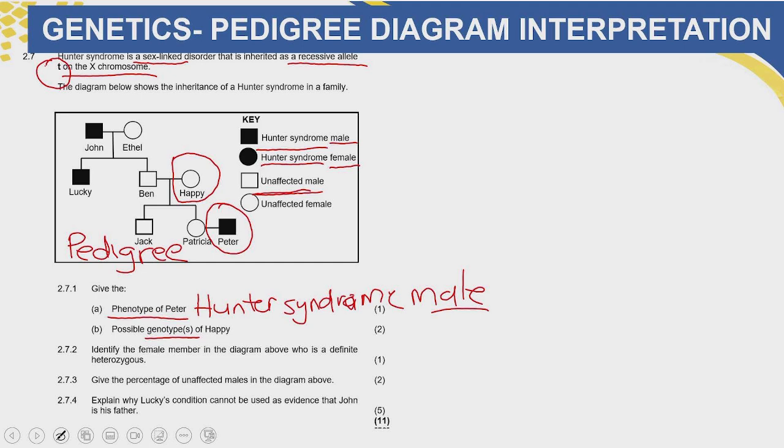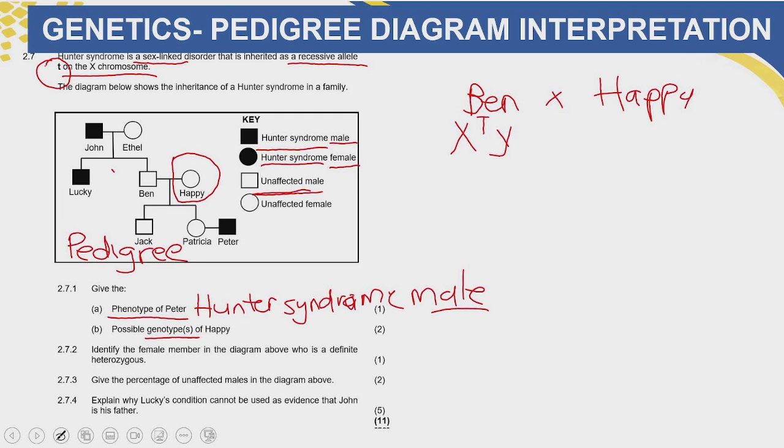We can see that Jack and Patricia are both not affected. So they have to be X capital T Y. We are still wanting to find the genotype of Happy.